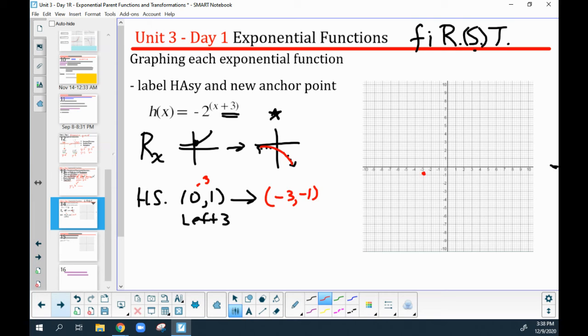(-3, -1), there's our anchor. Let's get the horizontal asymptote sketched out as a guidance line to not cross. And then to be more accurate, I know I'm going to hug the asymptote, and I know I'm going to cross through here, but to be a bit more accurate with my direction and where it's heading, I'm going to find the y-intercept right now simply by taking my equation, substituting in 0 for the x value, and then working that out.